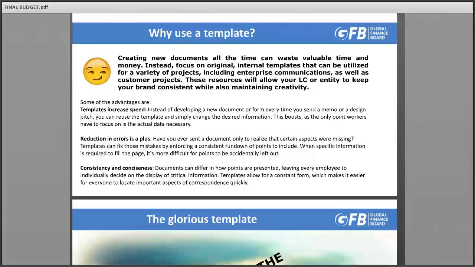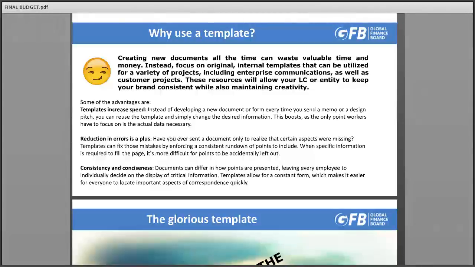So in summary, some of the advantages are: templates increase speed. Instead of developing new documents, you can have a document that can serve for many projects. Reduction of errors is a plus, because have you ever sent a document only to realize that certain aspects were missing? Templates fix those mistakes by enforcing a consistent rundown of points to include.